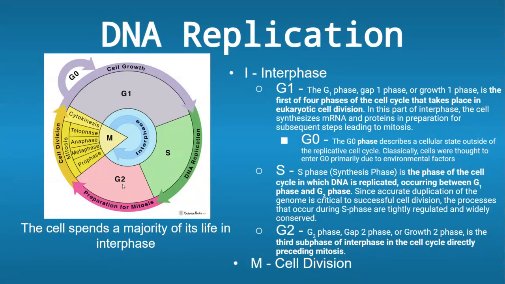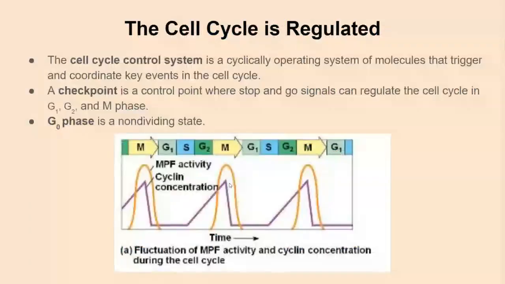Now in G2 phase, we are going to have twice the amount of cytoplasm, mitochondria, and other organelles. This is growth in preparation for cell division. So we're going to get bigger and ensure that the cell has enough stuff that it won't die if it divides in half. The next phase is M phase, which is cell division.